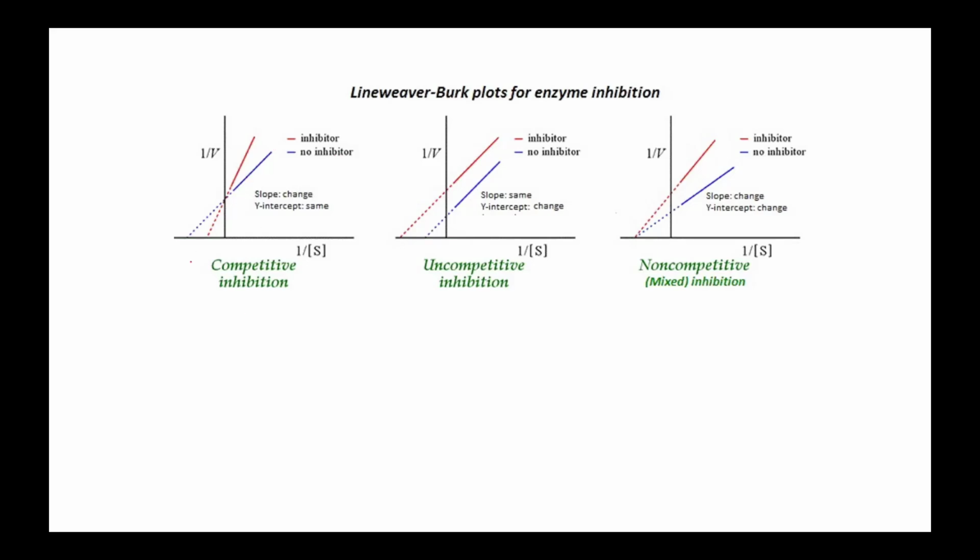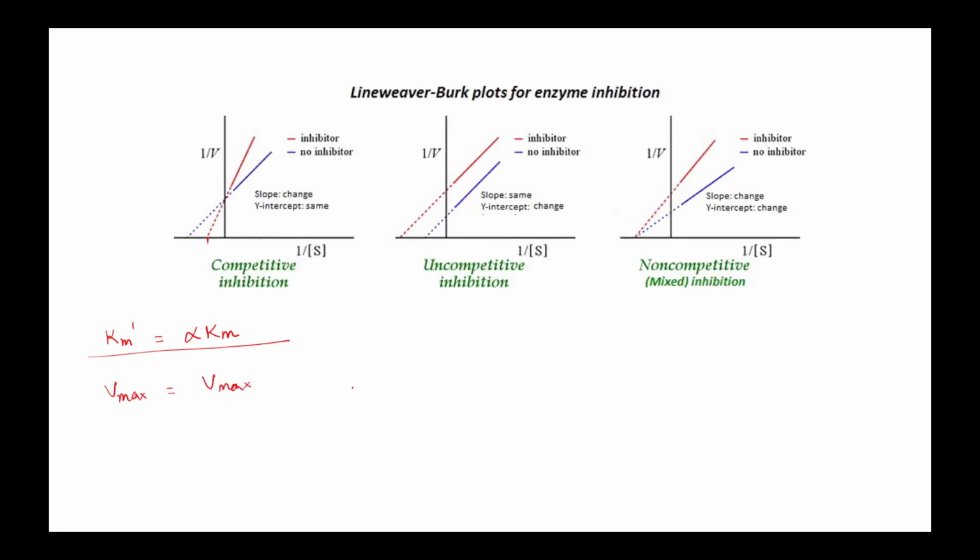This is the competitive inhibition graph. Here the Km increases, so the new Km will be alpha Km, but the Vmax remains the same, no change.